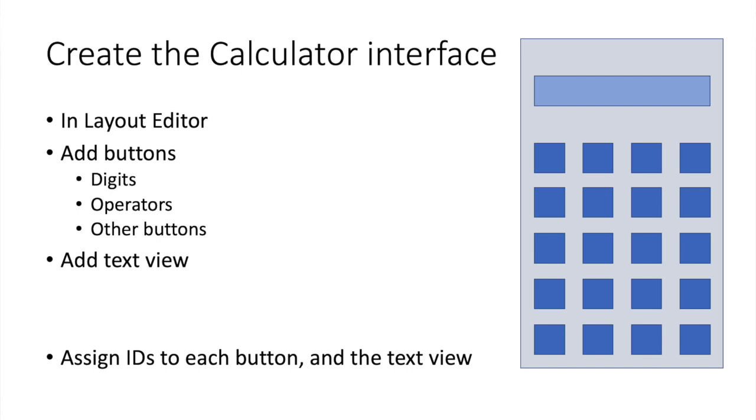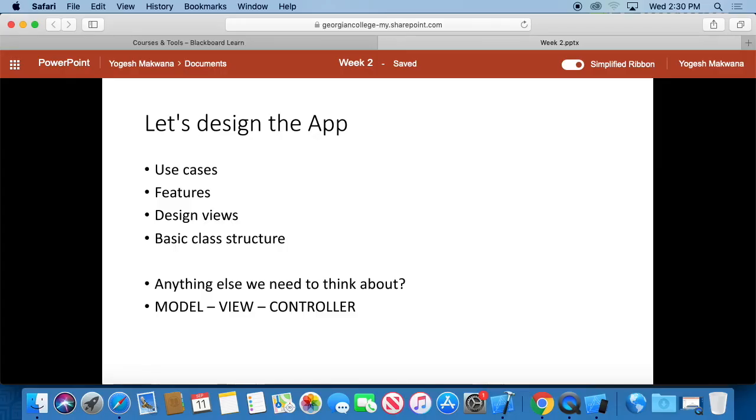How about something to change the sign, plus, minus? There could be other things, square roots, but calculators come with various functionalities. But what we want is something basic, maybe something like this. So that's what we want.